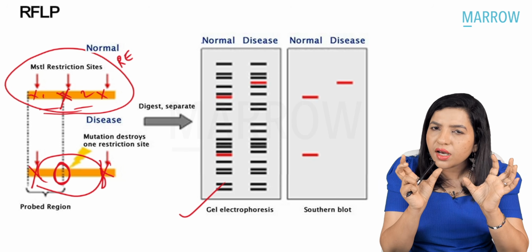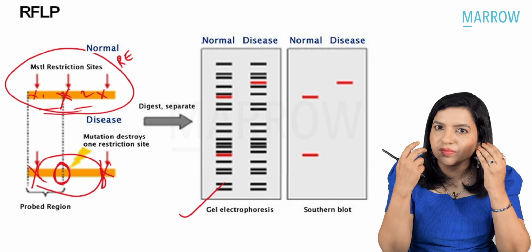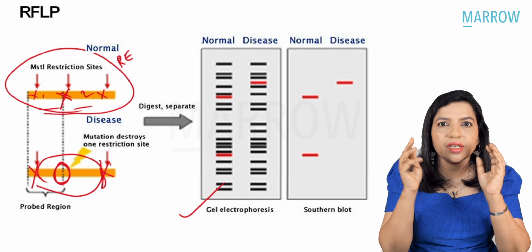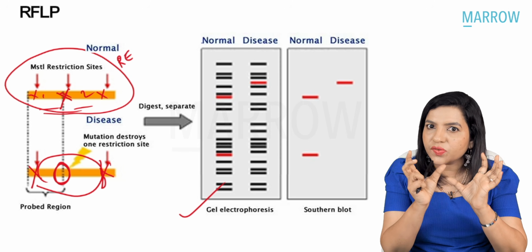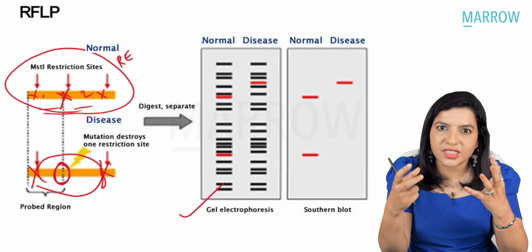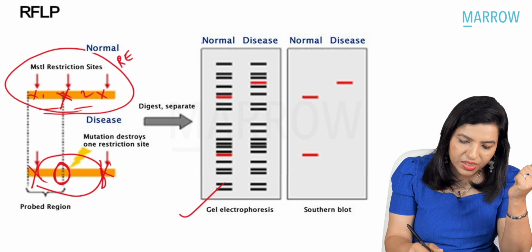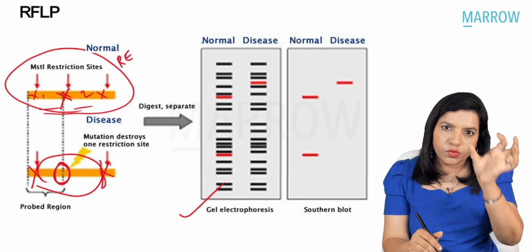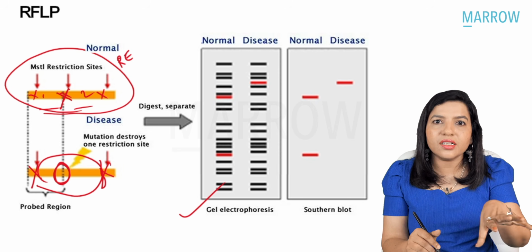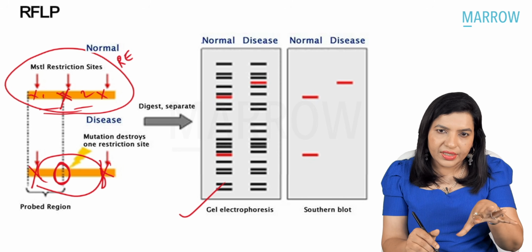So we use a specific radioactive or fluorescent label on those bands where we expect an abolishment or a creation of a restriction site, so that we can detect a color or a fluorescence, anything we can detect.